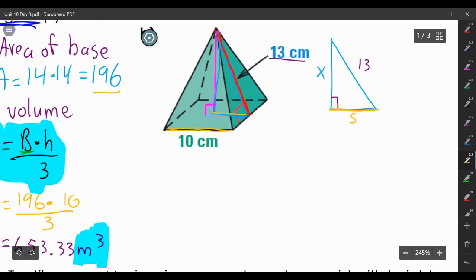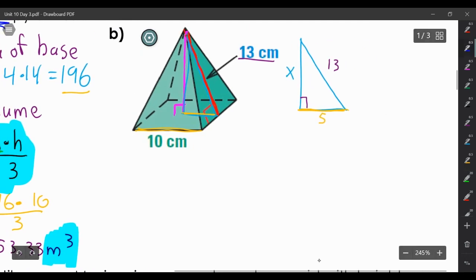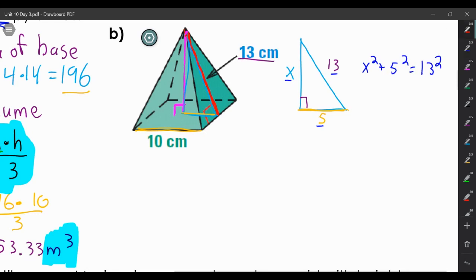So now we have a right triangle, and we can use the Pythagorean Theorem. a squared plus b squared equals c squared. You could go ahead and do all the steps, or if you realize that this is a Pythagorean triple, you'll say, oh, x equals 12. Remember, Pythagorean triples are nice whole numbers that work for the Pythagorean theorem, like the 3, 4, 5 triangle. This one is the 5, 12, 13 triangle.